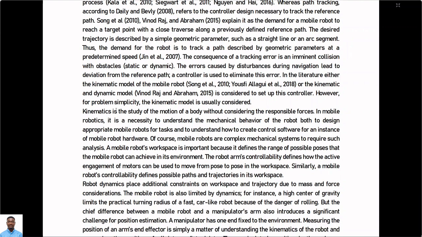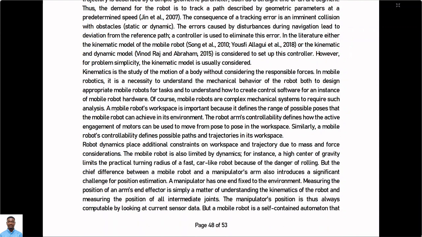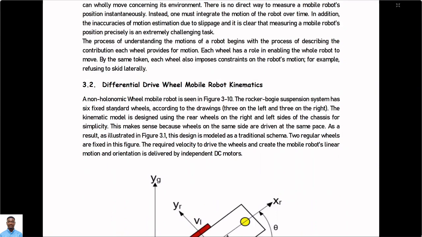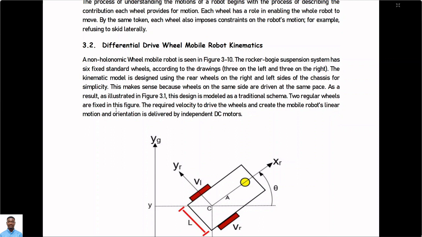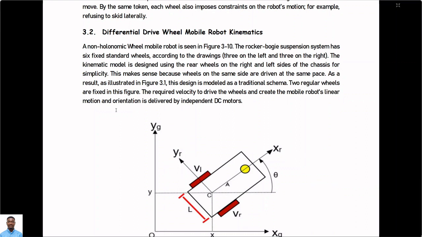And the example of the wheel configuration that we'll be using is the differential drive wheeled mobile robot. So why do we say it's differential drive? We're saying that you have a mobile robot whereby the wheels on the right and the wheels on the left are powered by different DC motors.